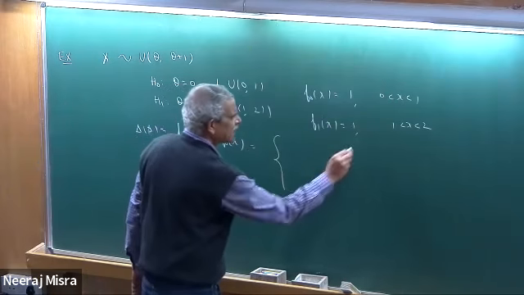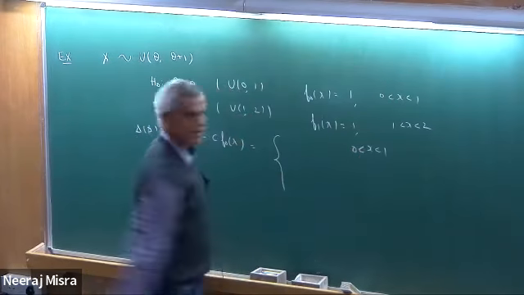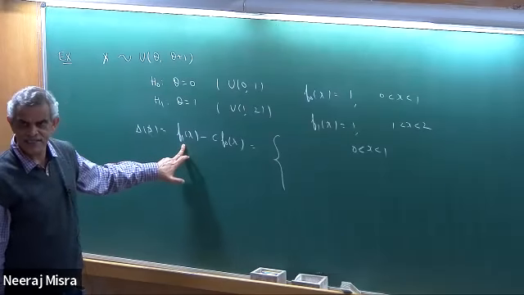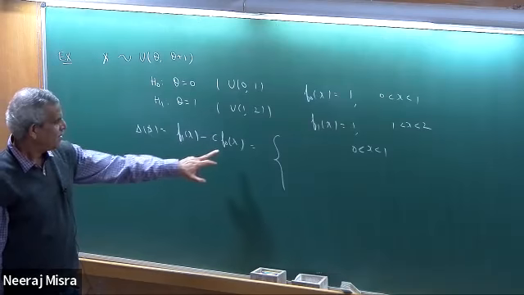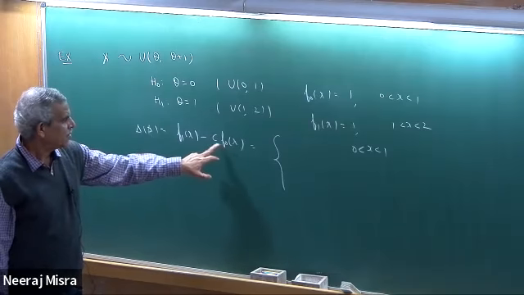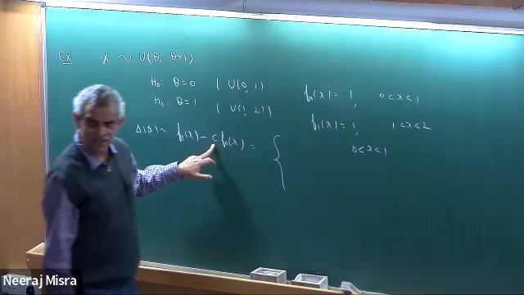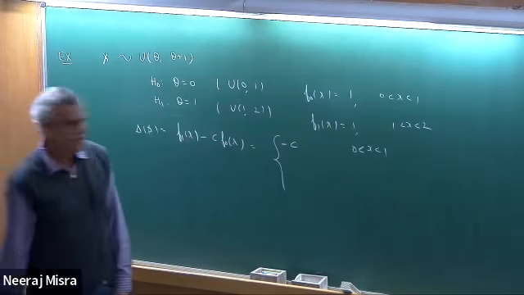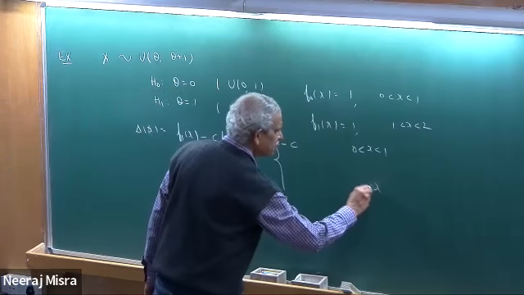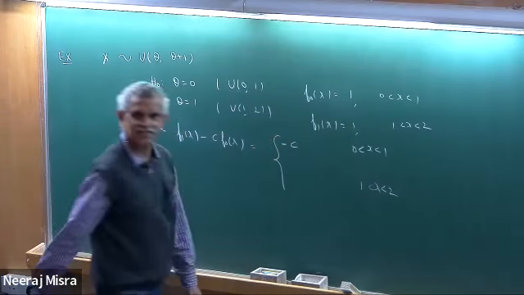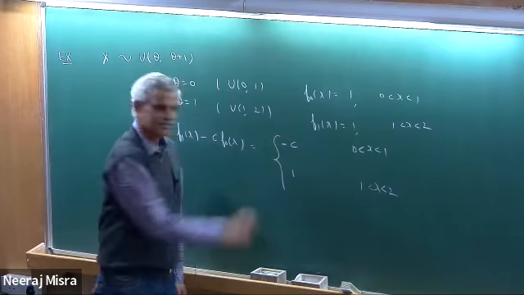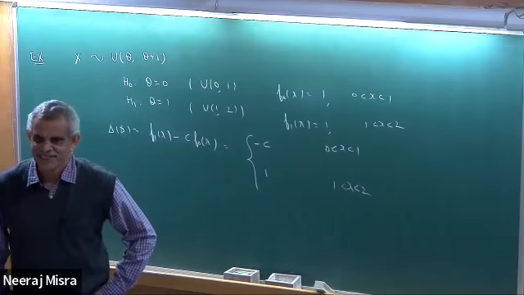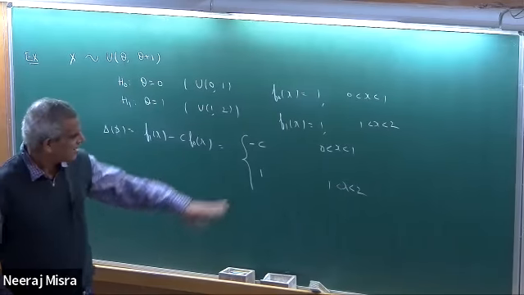So I should only consider values which lie between 0 and 2. If x is between 0 and 1, what is my f1(x)? 0. So it is minus c times f0(x), that is, minus c. When x is between 1 and 2, it is 1. So what does my Neyman-Pearson lemma say?